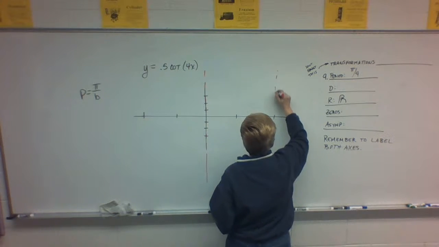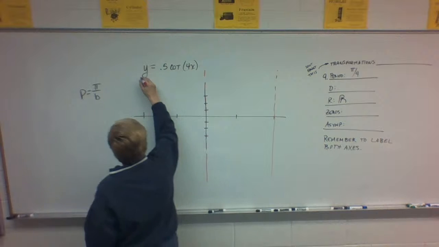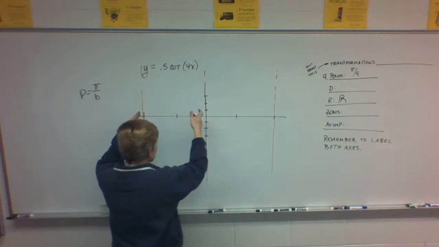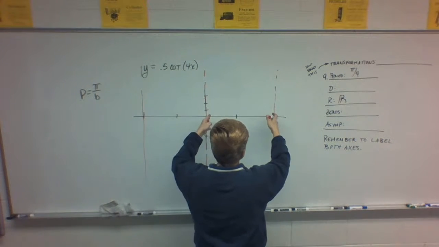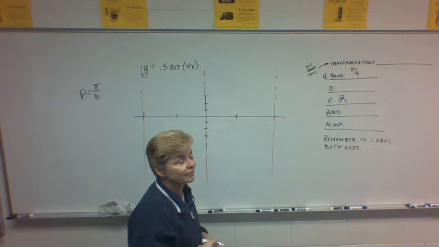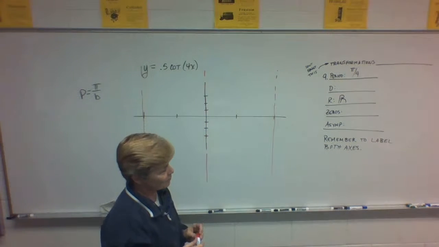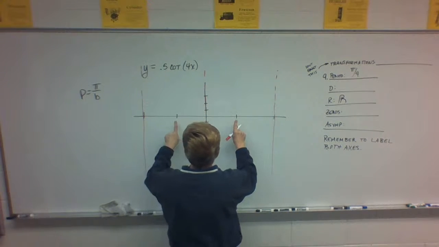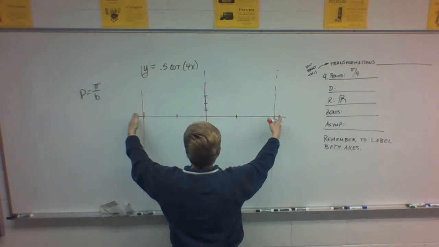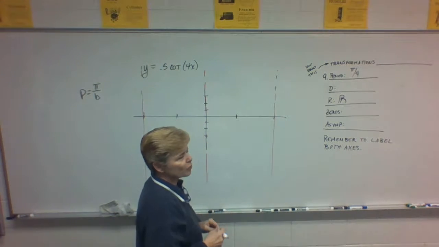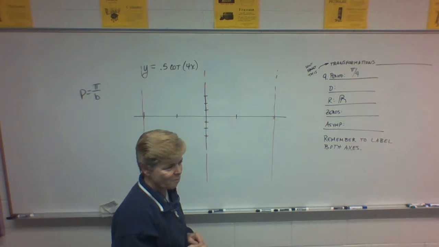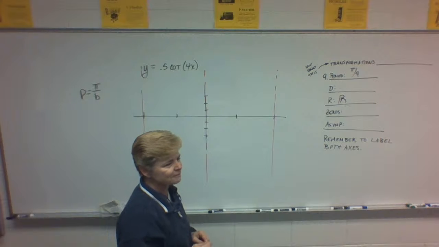Because if you put it here and here, then in between these 2 asymptotes will be a period, and in between these 2 asymptotes will be a period, and you've used the graph efficiently. Now, if you put the next asymptote here and here, that's fine. That means the next ones go here, and you'll have room to put 4 full periods, and I expect you to do that, if you're not going to spread it out properly.